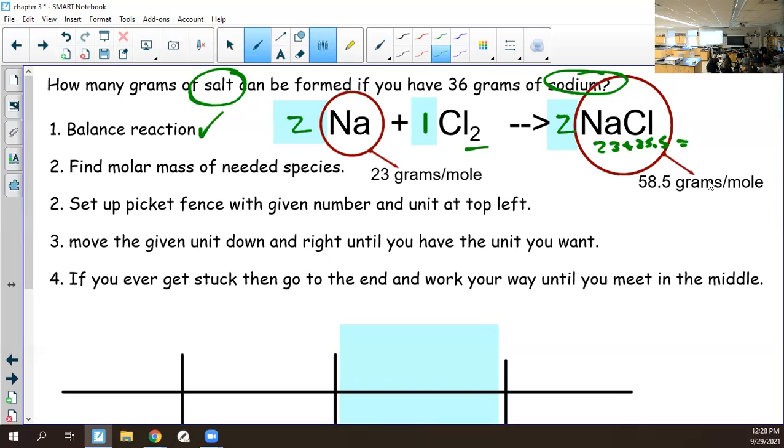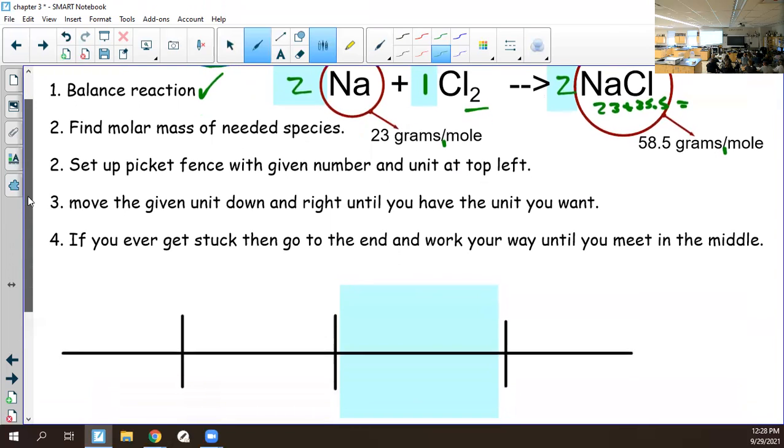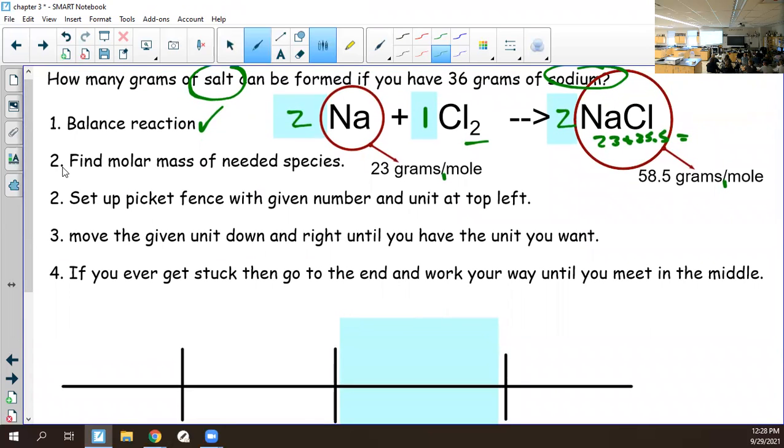Hopefully, at least one of you said yes, and the other one hopefully said yes. If they said no, help them out. All right, so here we go. When we find the molar masses, we're going to use them. Please notice these are ratios. I have 23 per 1 mole, 58.5 per 1 mole.